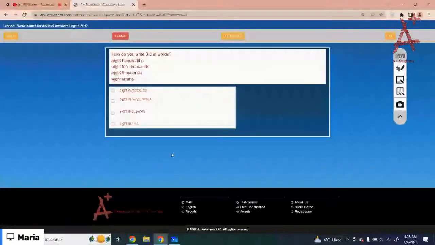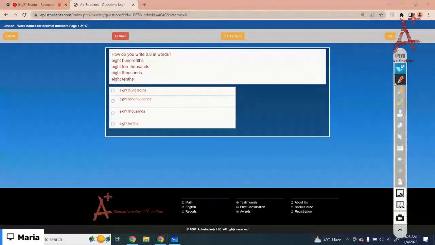Okay. How do you write 0.8 in words? So just write it down in the place value chart. 0 is at the ones position and 8 is at the tenths position.